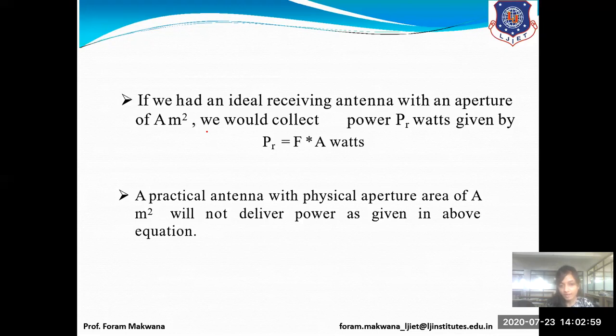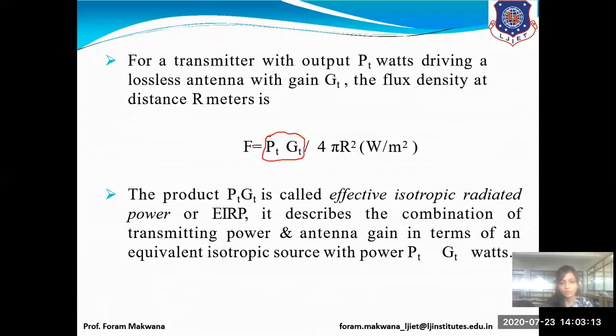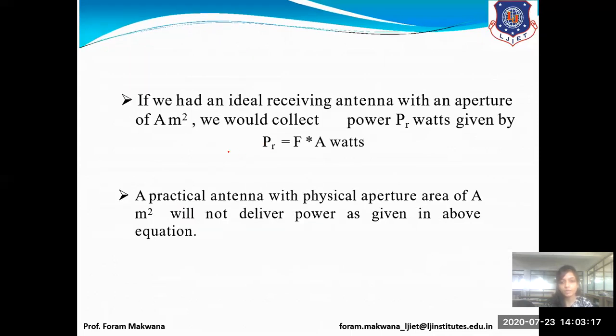So the power collected, or you can say the power received by that antenna, is simply the saturation flux density multiplied with the aperture A. So F into A watts.